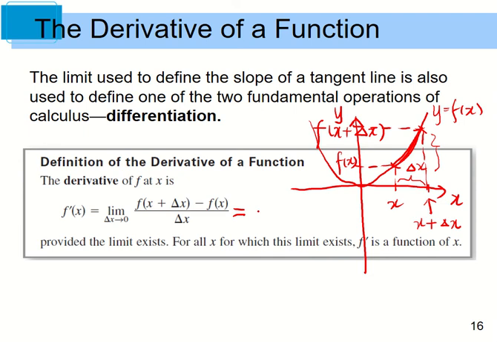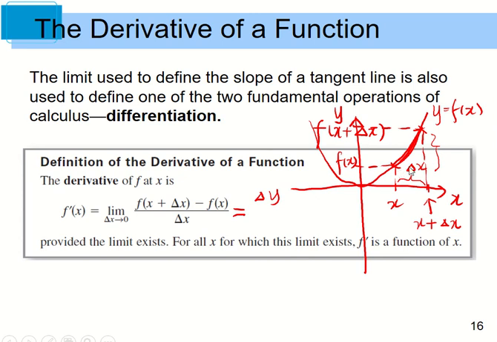The difference of y will be f(x plus delta x), this point, minus f(x). So this refers to the difference of y, and this is the difference of x, so we just take the delta x here.